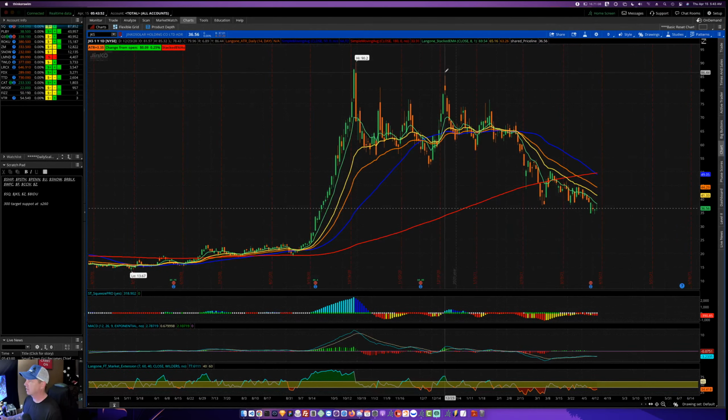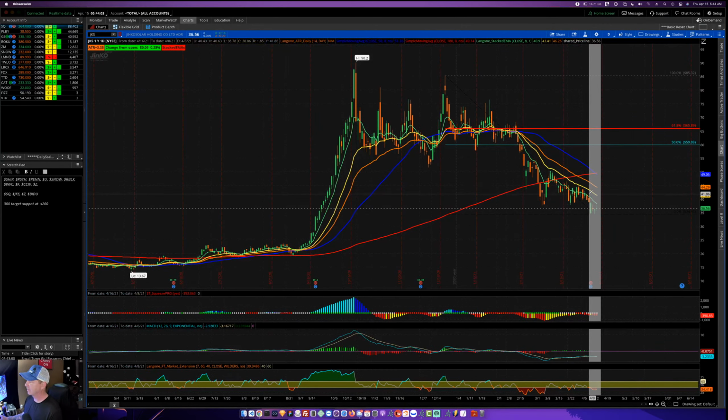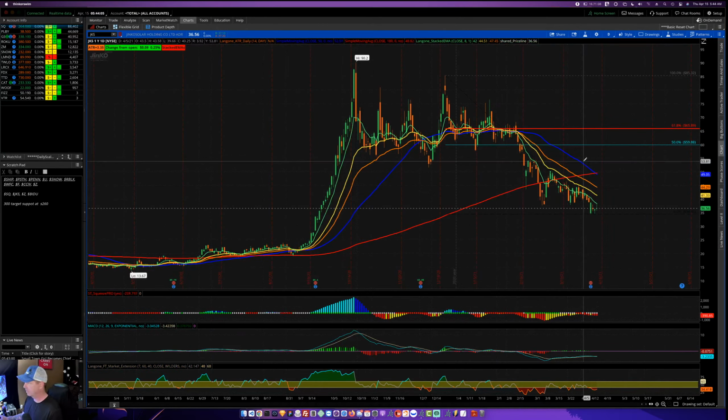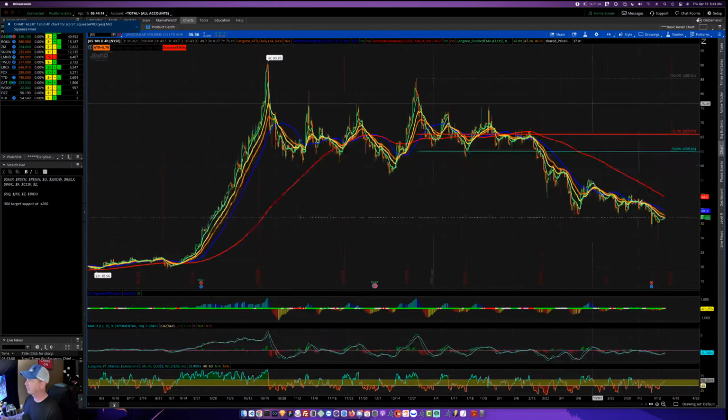Fibonacci on the longer term gives us a $60 swing target. However, it's going to need to get through a lot of this upwards pressure.